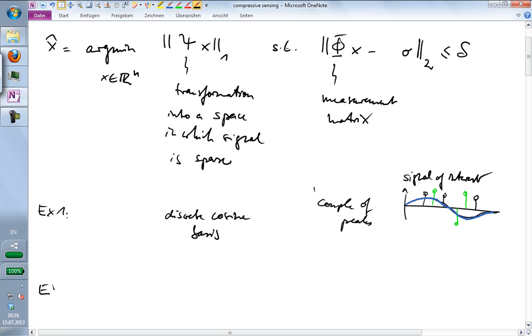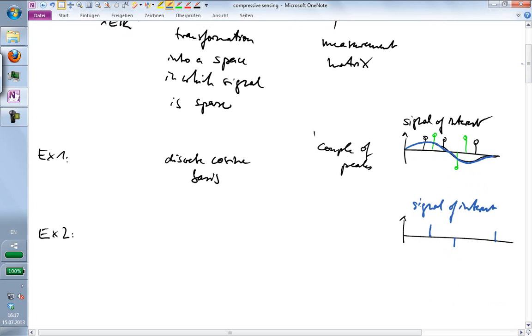If, on the other hand, in my second example, I have a signal of interest which is sparse already, let's say my signal of interest had a peak here, and a peak there, and a peak there, then it doesn't make sense to use the same basis functions as before, because the chance of getting a non-zero inner product between my basis function and signal of interest would be very small.